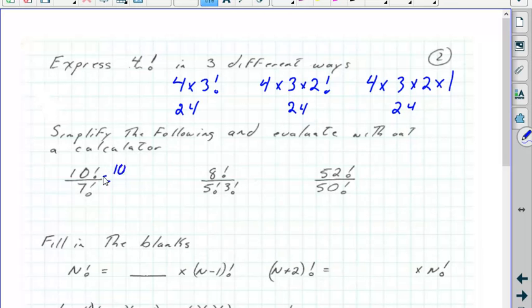But I'm going to write this as 10 times 9 times 8, and I'm going to stop at 7 factorial. Why do I stop at 7 factorial? Because now I have a number divided by itself. I don't need to know what 7 factorial is. Then you should be able to multiply 9 by 8 to give you 72, times 10. This works out to be 720.